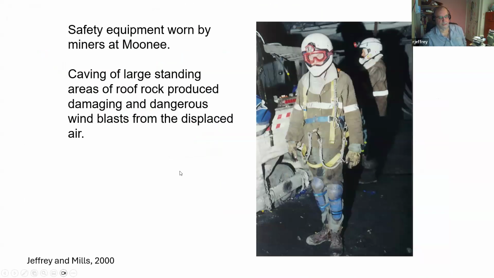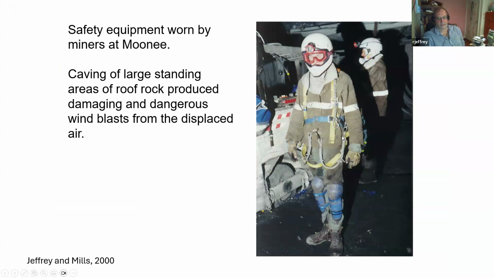And here's a photo, and I'm going to talk briefly about this case study at Mooney Colliery in New South Wales, which was an underground coal mine with a strong conglomerate roof. And that roof would stand and leave open voids for hundreds of meters behind the mining, and then would cave suddenly, producing severe wind blast.